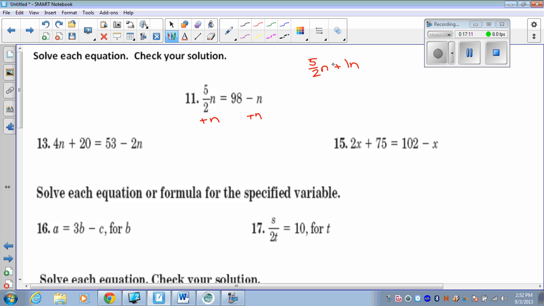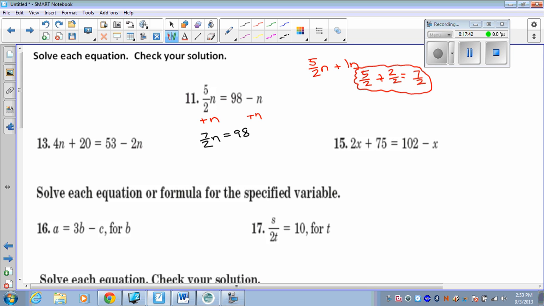So think about 5 halves plus 1. I can rewrite that 1 as 2 over 2, because 2 divided by 2 is still 1. Now I got a common denominator. That's nice because now that's 7 halves. So, you know that 5 halves plus 1 is 7 halves. So that means 5 halves n plus n is 7 halves n equals 98.